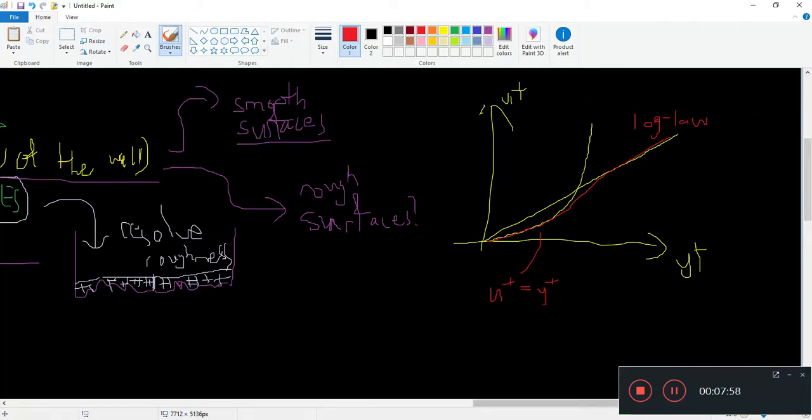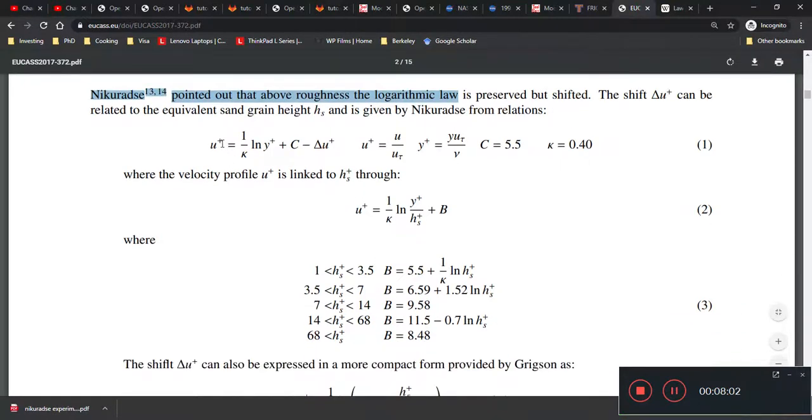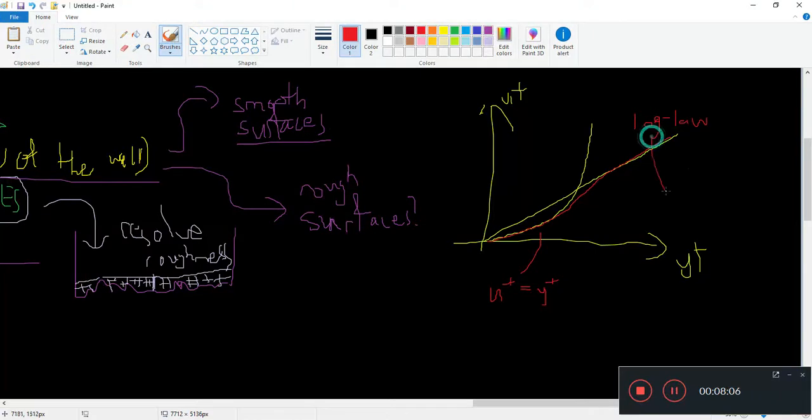And it appears from what we are finding here, this roughness affects the log law region. So roughness affects the log law region.